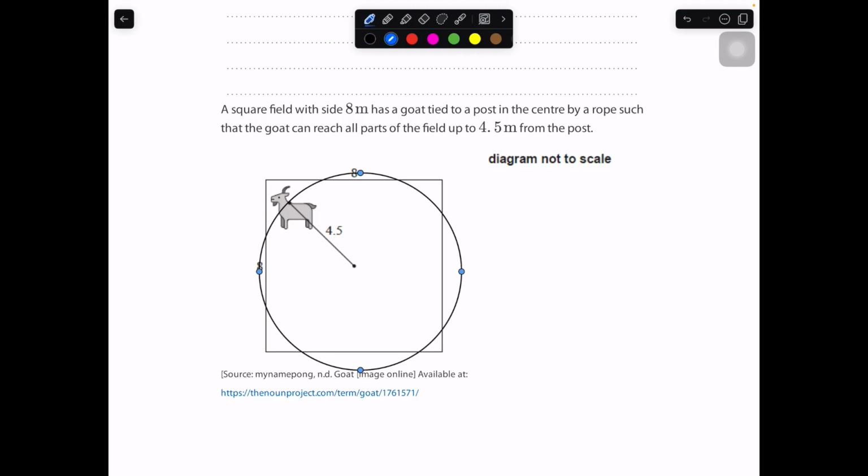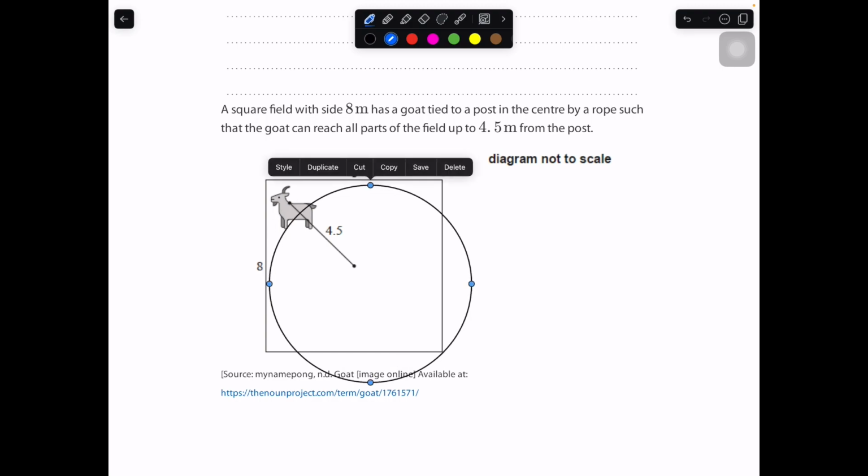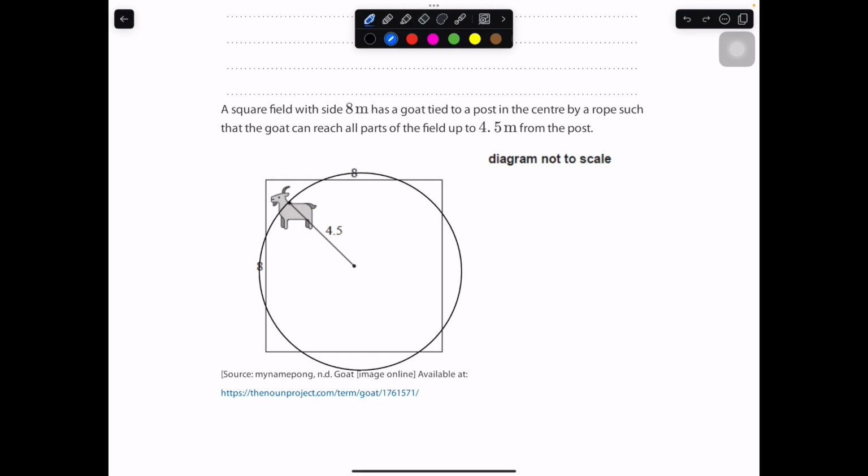And what we see is that the goat can get a certain amount of food. Whoops, let me reduce that. So the goat can get this section right here, but they miss out on this shaded portion. And the goat can also get this portion right here.